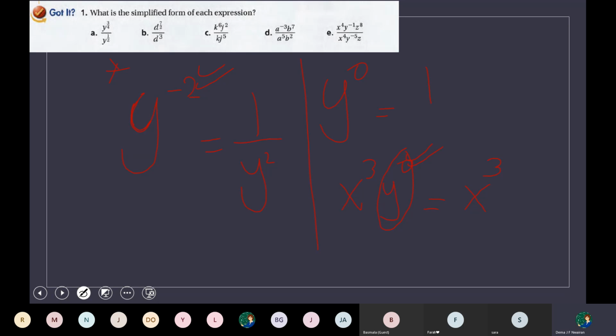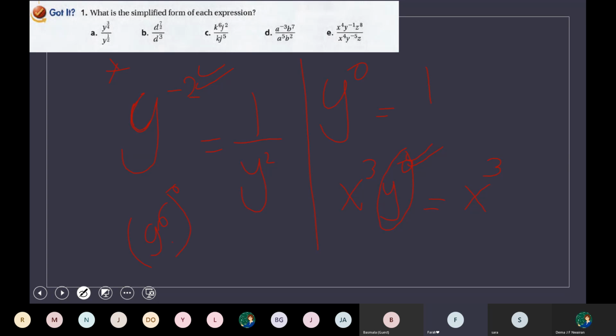Teacher, what if there is an equation like y to the power of 6, with another bracket to the power of 0?